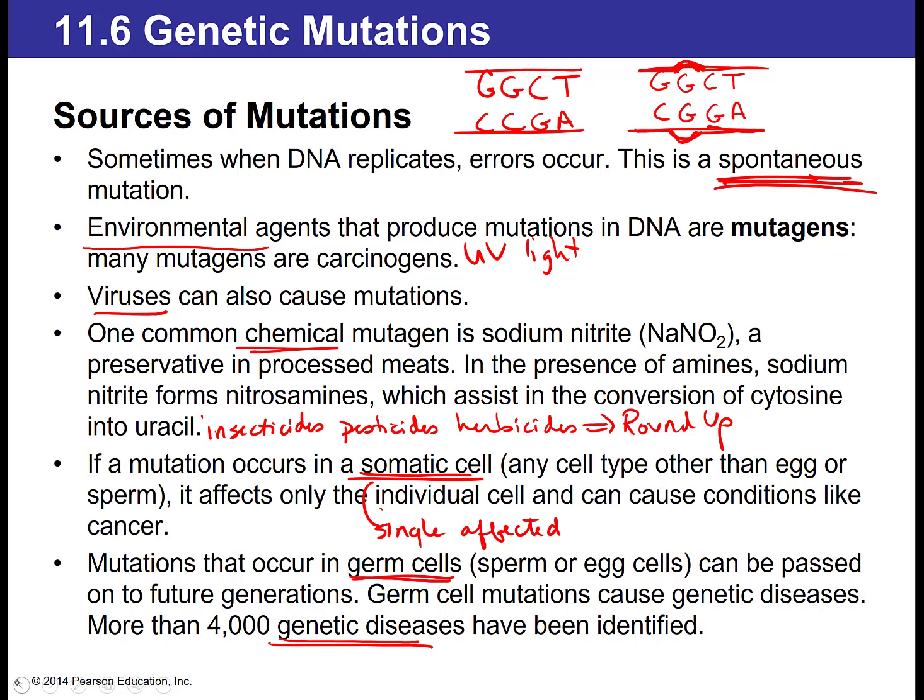Another interesting one that you probably don't know about because you're all too young: back in the 40s, M&Ms always had red color. So they always had red M&Ms. And then they found out that that red dye was a mutagen. So they took all the red M&Ms out. When I was a kid, there were no red M&Ms.